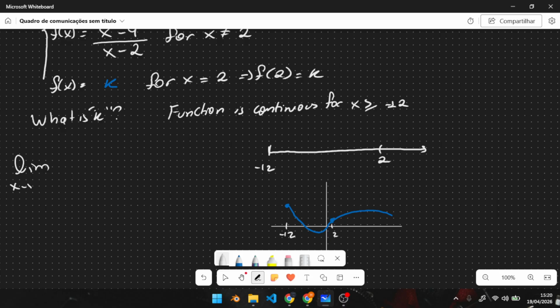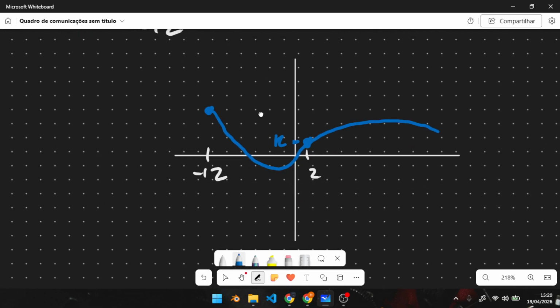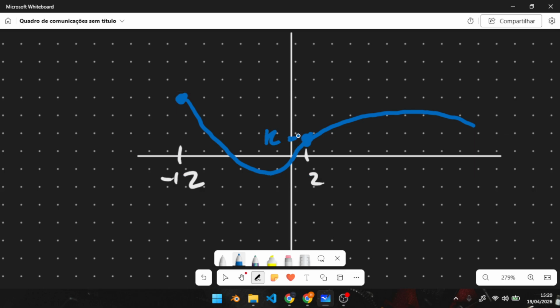So we calculate the limit of x tending to 2 of x squared minus 4 over x minus 2. Why? Because then we are looking at what is the number here, what is the y here. This is going to be k. What is the y when we approach 2 from both sides?